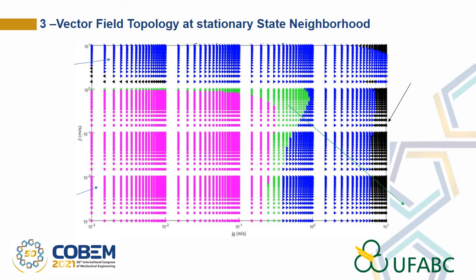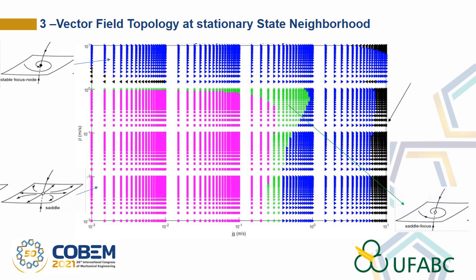In this figure, we illustrate the vector field behavior in the vicinity of the stationary state for each pair of superficial velocities. Pink means the stationary state is a saddle. Blue means the stationary state is a stable focal node.